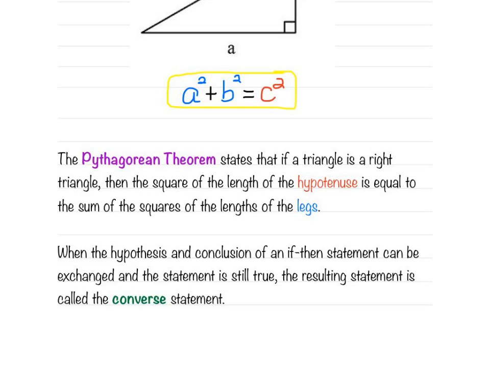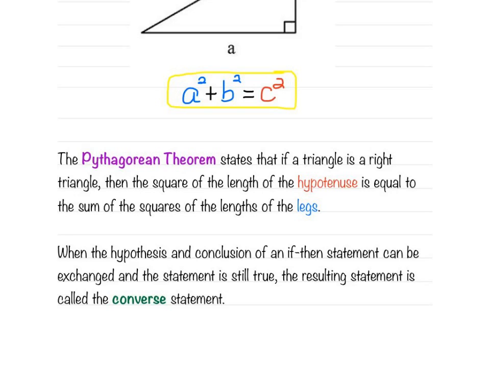A converse statement is when the hypothesis and conclusion of an if-then statement can be exchanged and the statement is still true. So we will be looking at the fact that if a triangle is a right triangle, then the square of the length of the hypotenuse is equal to the sum of the squares of the length of the legs.